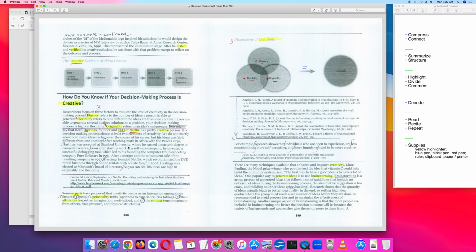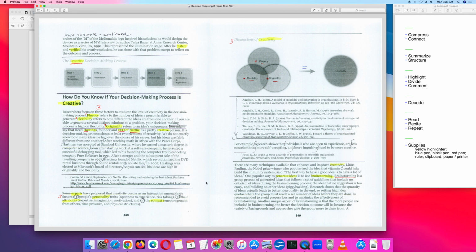Anyway, on page 348 on the left side, we're talking about being creative, Netflix, and then the next break here is: experts talk about creativity, based on 3 factors: personality, attributes, and context. Next line here: dimensions of creativity, break, creativity, generating ideas, brainstorming.